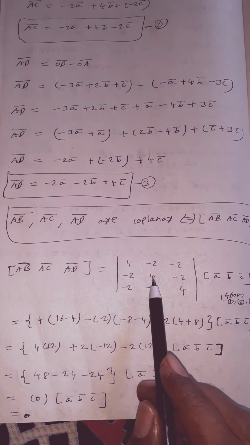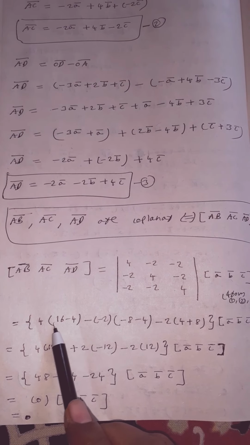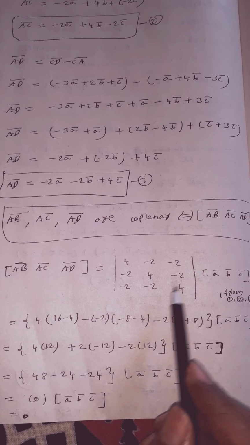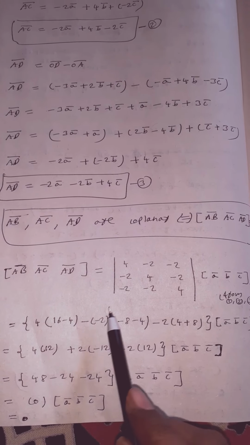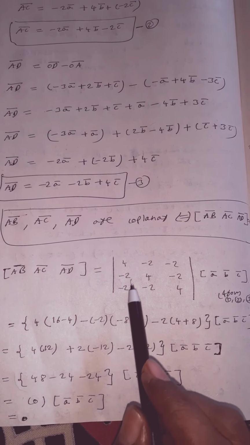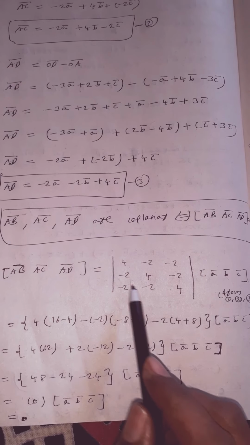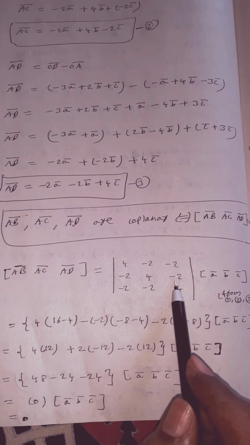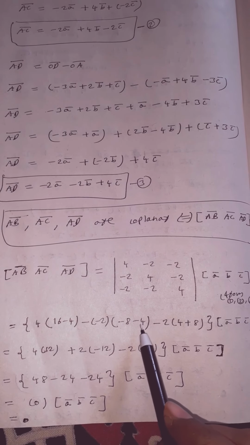Here 4 into 4 minus 4 is 16. Minus into minus is plus, but the formula sign is minus, so 2 fours. Next, minus of minus 2, children. Next, the minus 2 outside means multiply here: minus 2 into 4 is minus 8. The formula sign is minus, but here it is positive. The formula sign is the same, minus only.